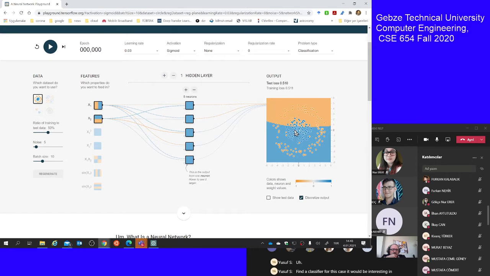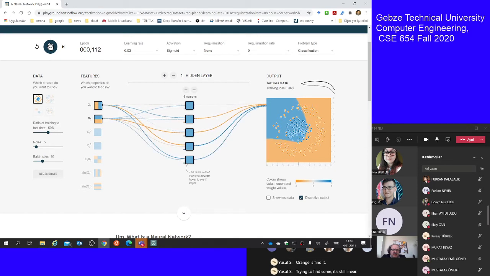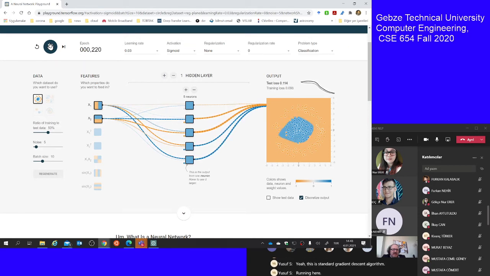In the middle all blues, outside is surrounded by the oranges. It's trying to find something. It's still linear. Okay, I think it's going to find it. This is the standard gradient descent algorithm running here, and I think it is going to do a good job.